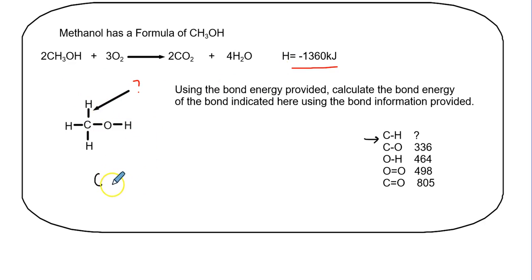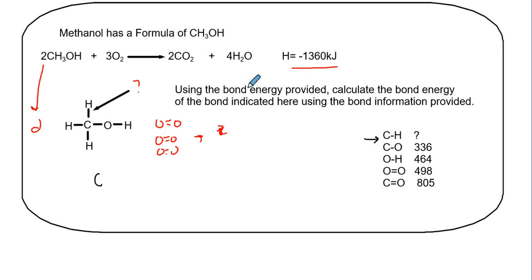We got methanol, so what I got broken here, I got this guy, all of these guys. And I actually got 2 of these guys, just keep in mind. Okay, and then I got 3 O2s. I got 2 of the CO2s. So that's going to be 4 of the C double O bond.